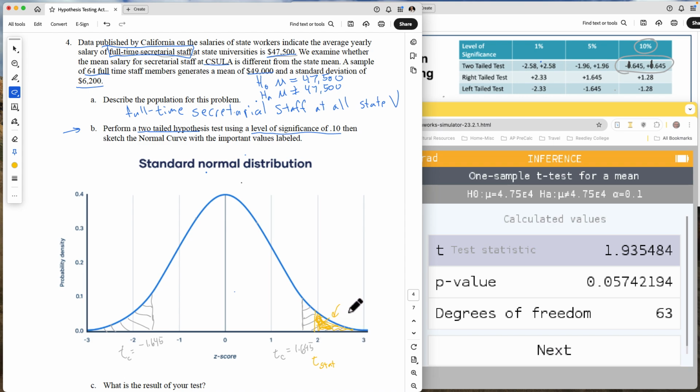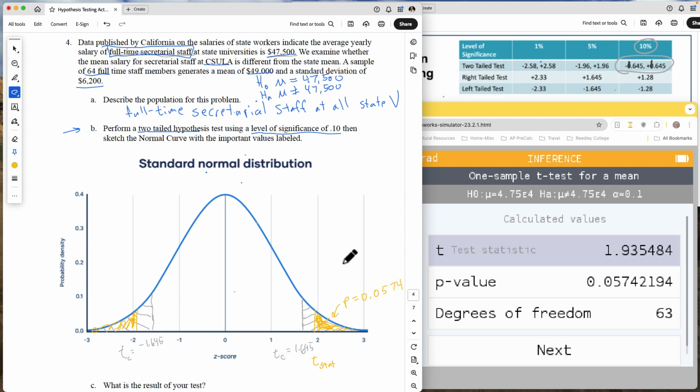When we shade this region, the calculator gives us a p-value of 0.057, or 0.0574 if you want 4 decimal places. That's the area there and here, because it's a two-tailed test. You'll see it splits between the two, but the total area is almost 6%.